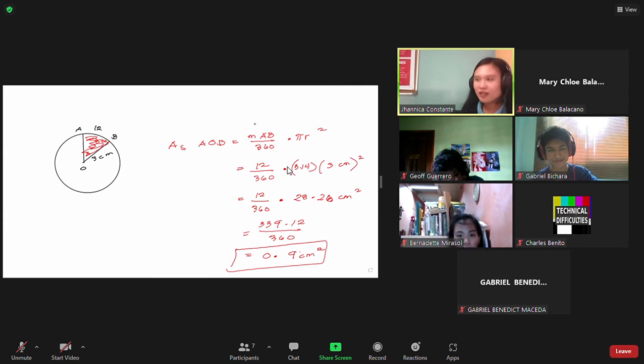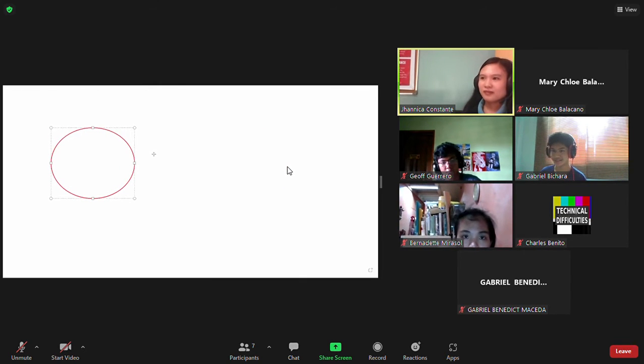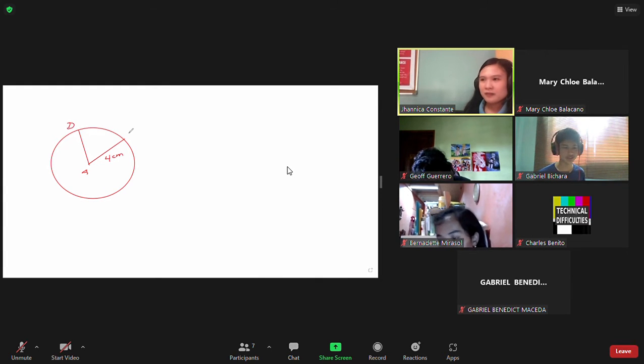Try to find the area of a sector of this circle. For example, we have circle A that has a radius of 4 centimeters and an arc that measures 15 degrees.